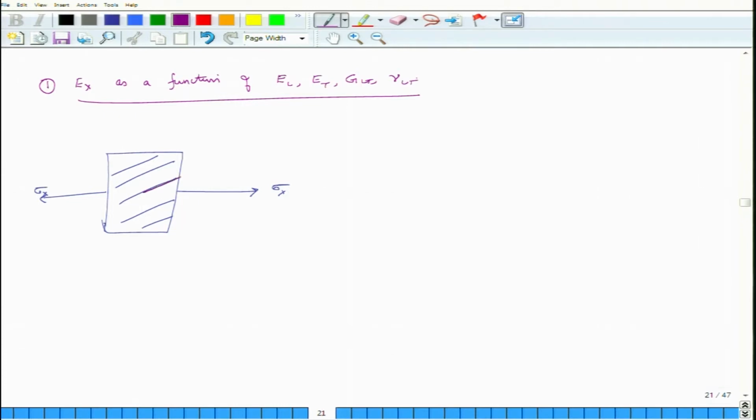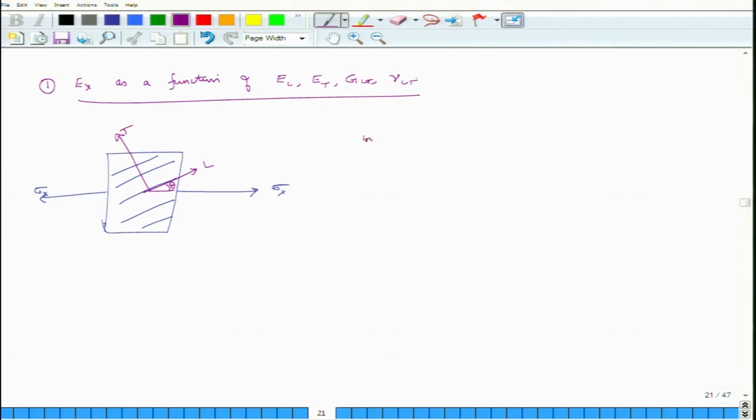So, this is my L direction, this is my T direction, and this is the value of theta. Okay. So, when I apply this stress sigma x, I can transform this sigma x in context of LT Cartesian frame, right.